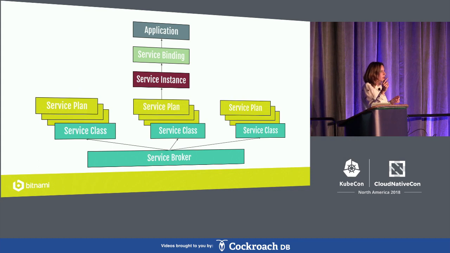The plan tries to abstract the idea of the different tiers of these services. For example, you can have a basic plan that has only one instance, and it's very small, with very little CPU and very little RAM, and obviously a low price point, and then going up to a bigger instance, or many instances, or many regions. All of those are the service plans.